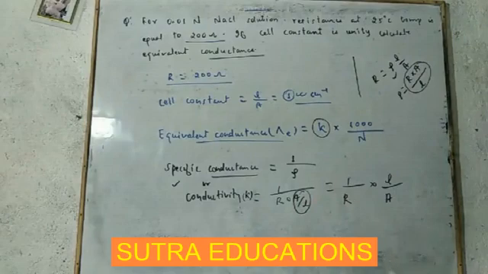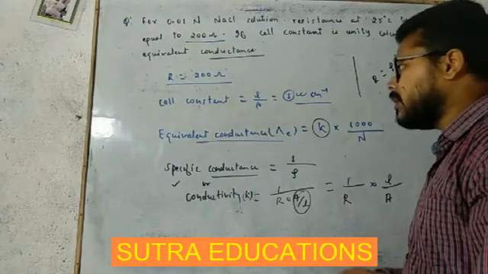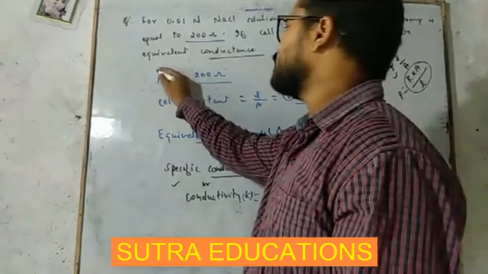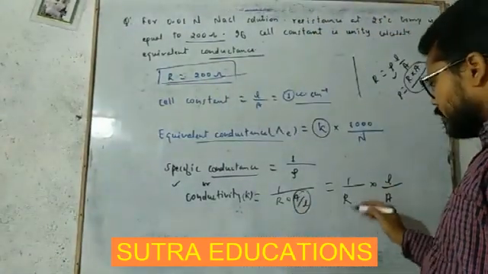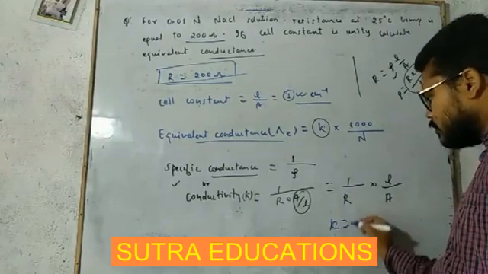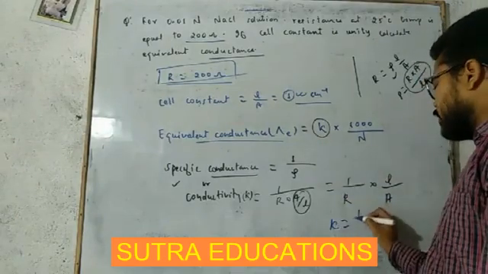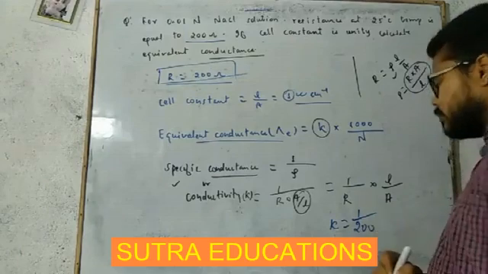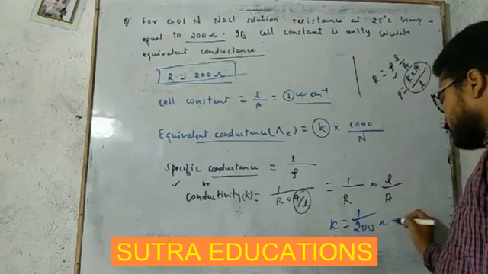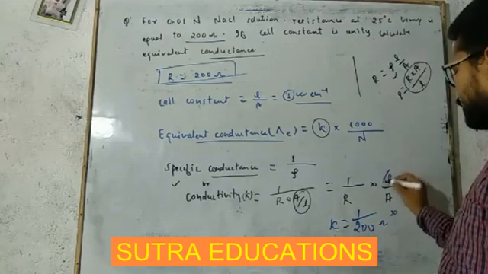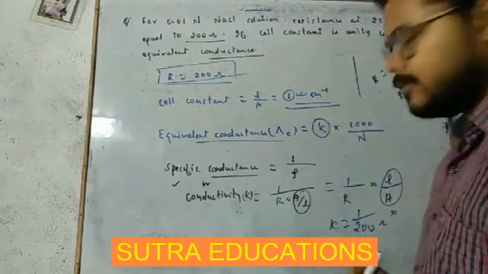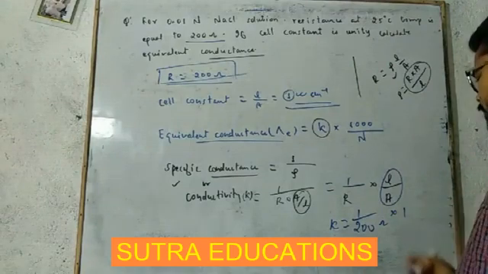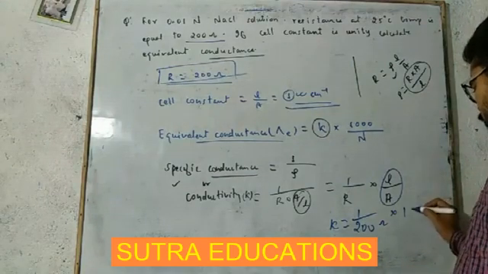So we don't know the value of kappa, but we know resistance, which is equal to 200 ohm. So this kappa will be equal to 1 by R, R we know, 1 by 200 ohm multiplied by this L by A, which is given to be unity, means 1 cm inverse.